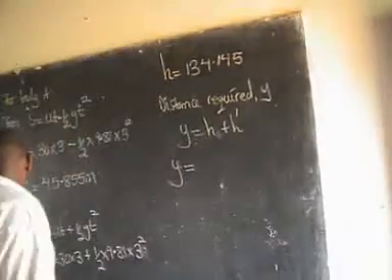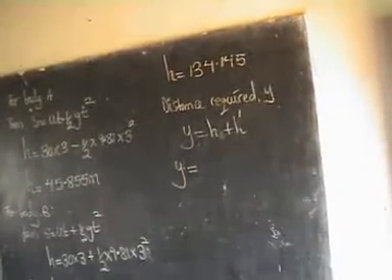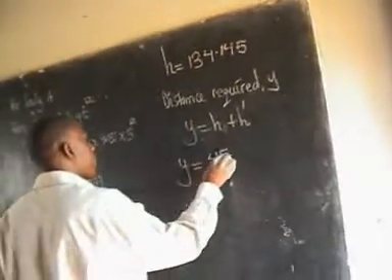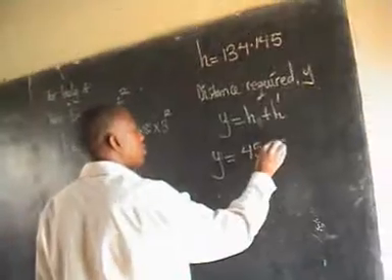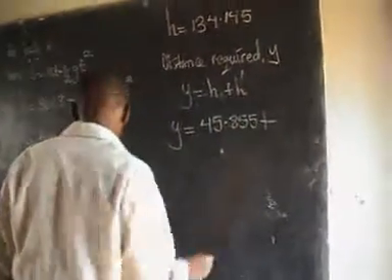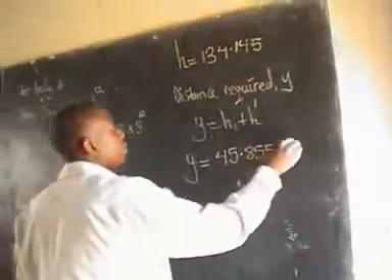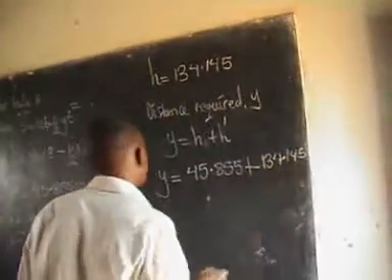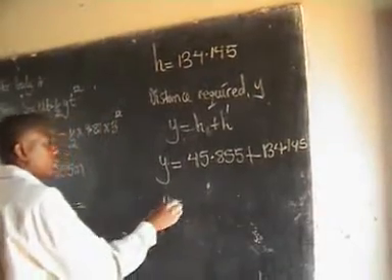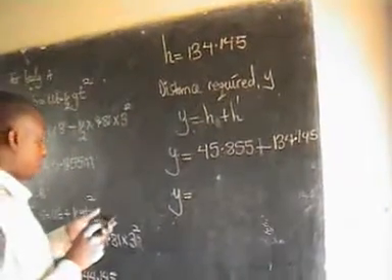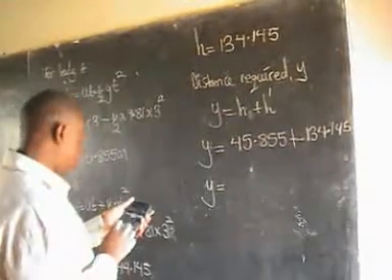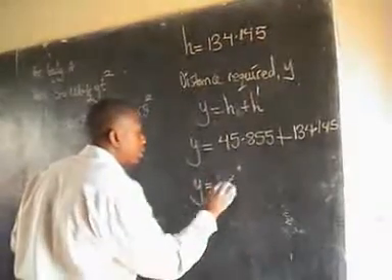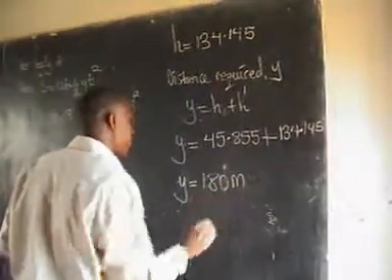So you will get, in the first case it is 45.855, the second case it is 134.145. So you get y as 180 meters.